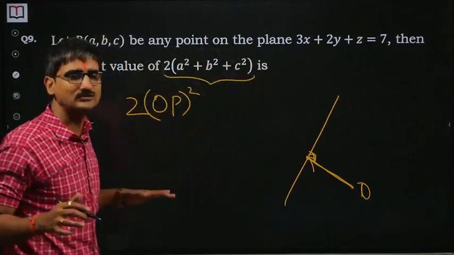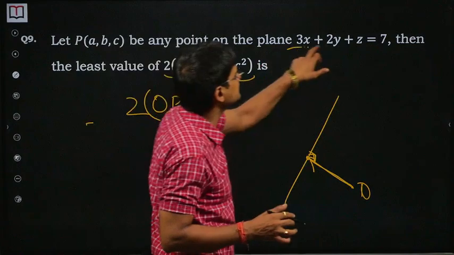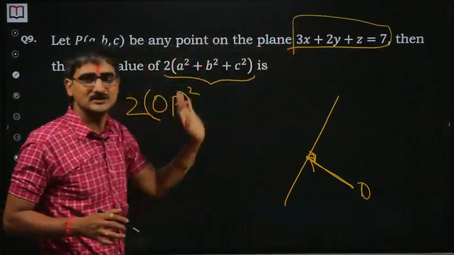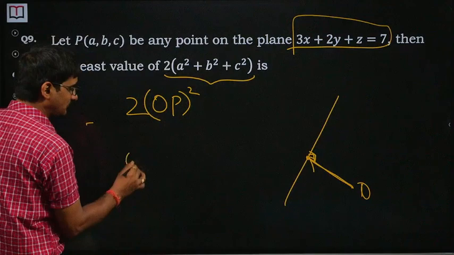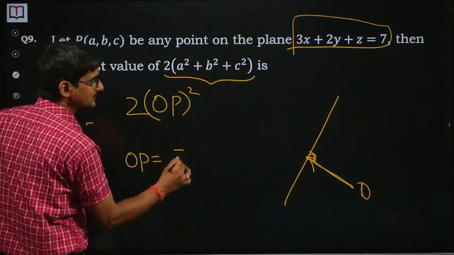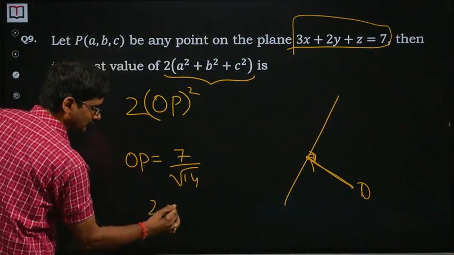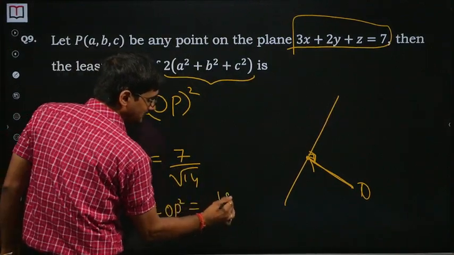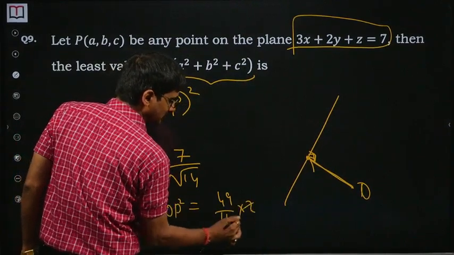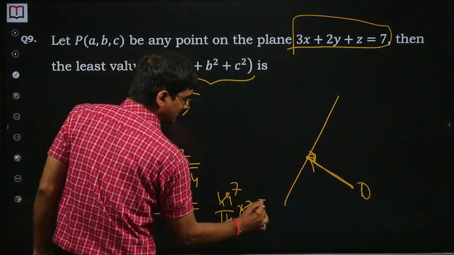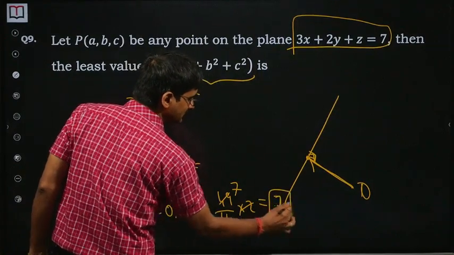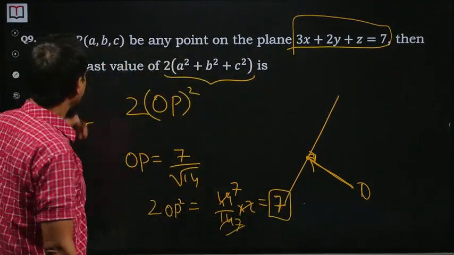So you don't have to do anything, just find its distance from the origin. So OP is nothing but 7 by root 14. So 2 times OP square, 49 by 14 into 2, that is 7. So according to me the answer should be 7. Just check it once. Okay, I think that's it.